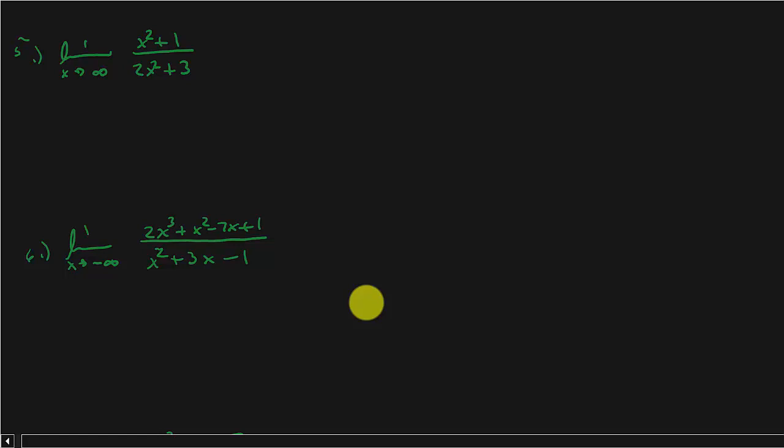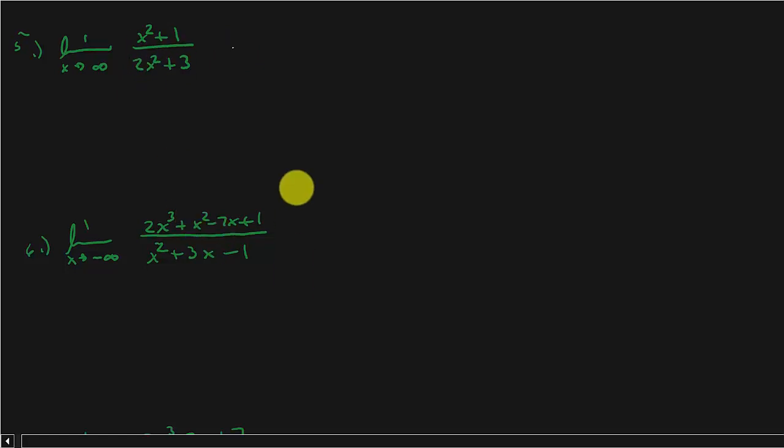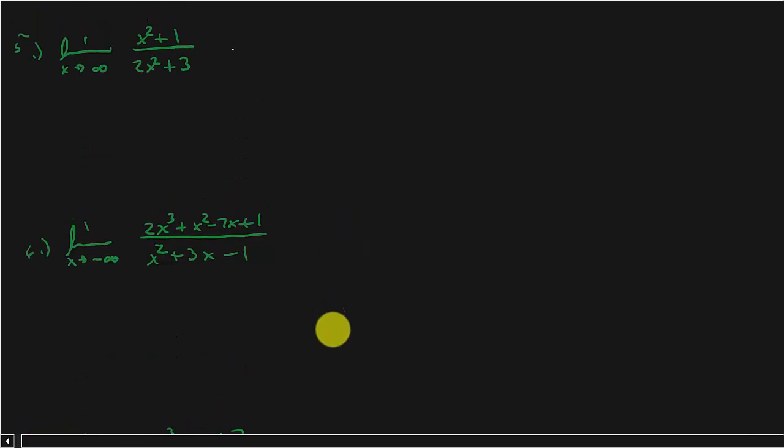And I still haven't forgotten about that problem earlier. So when you have a rational function, and x is approaching infinity or negative infinity, then I have this right here. This is equal to the limit as x approaches infinity of x squared over 2x squared.